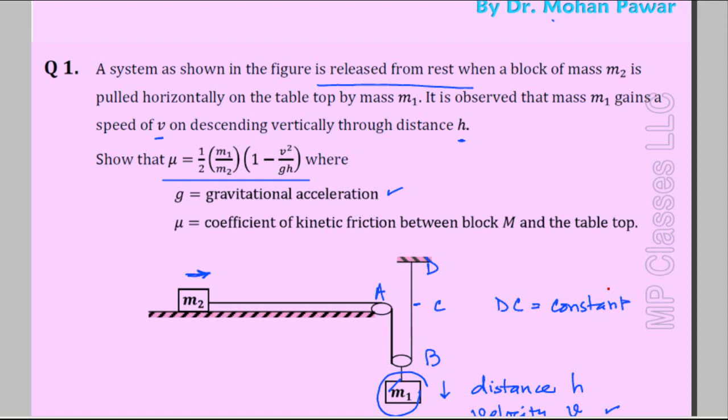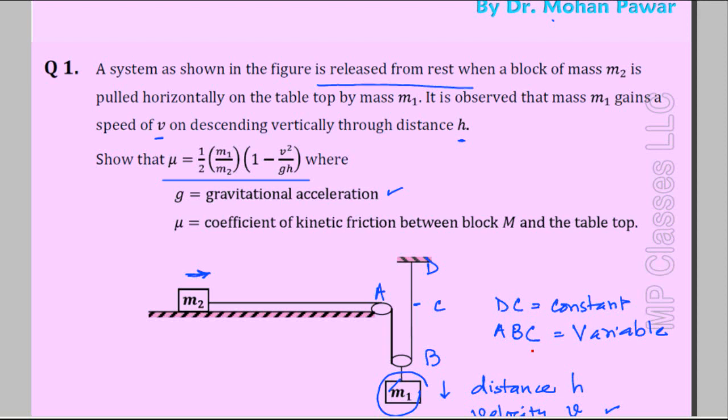It's not going to change. Whatever happens to the position of this mass M1, the length DC is always constant. When M2 moves, what changes is ABC. This length is changing. This is variable.